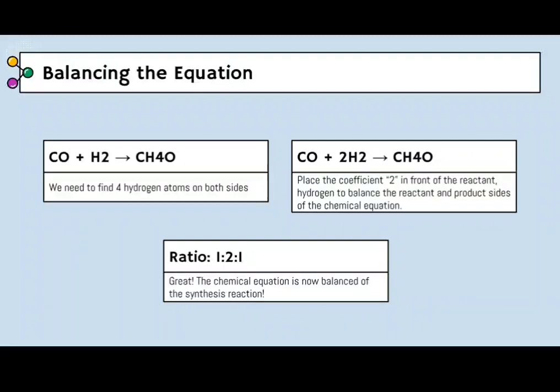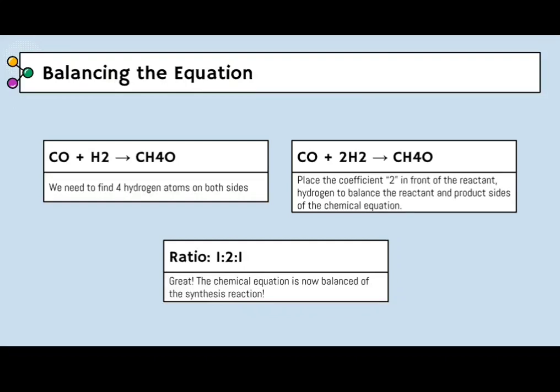But as we can see here, this chemical equation, this synthesis reaction, is not balanced. In order to balance it, we must find a balance in the hydrogen atoms, since our carbon and oxygen on both sides are already balanced.